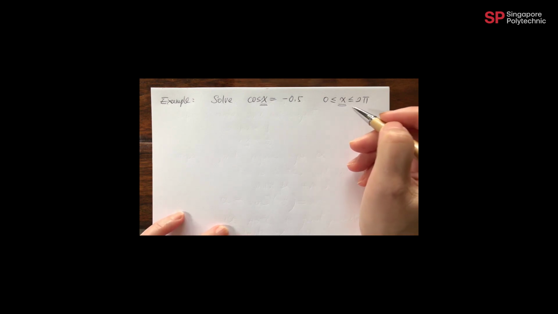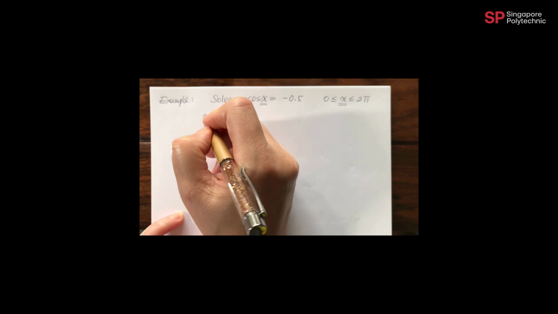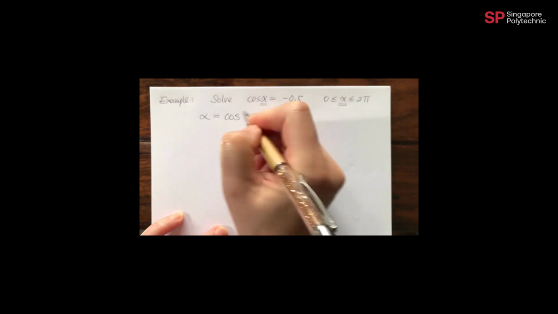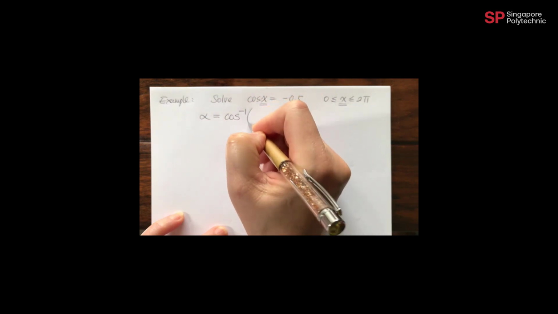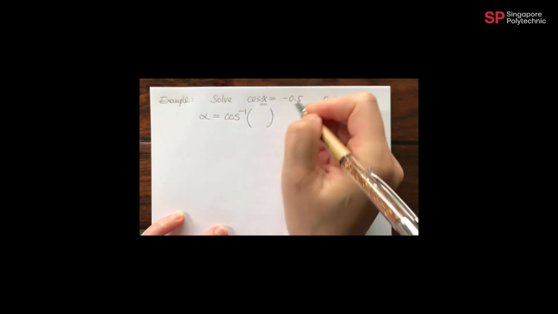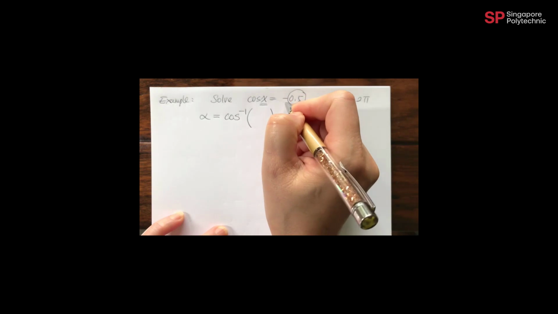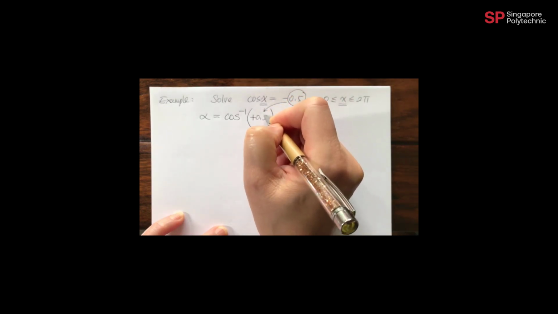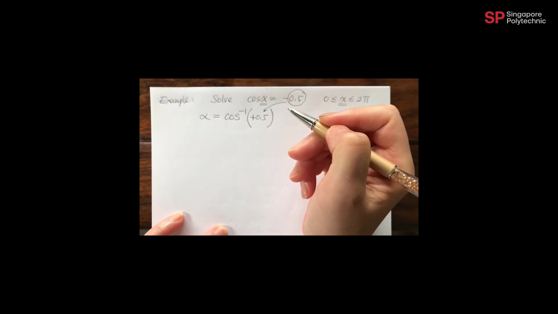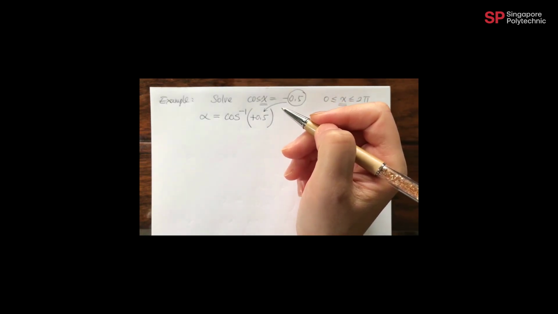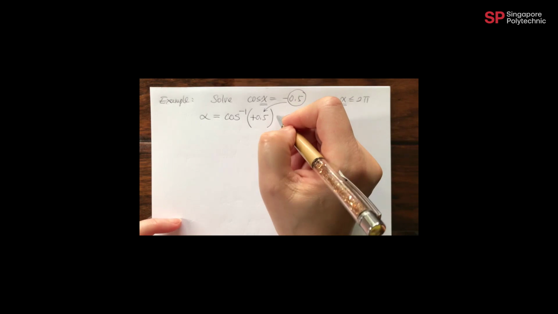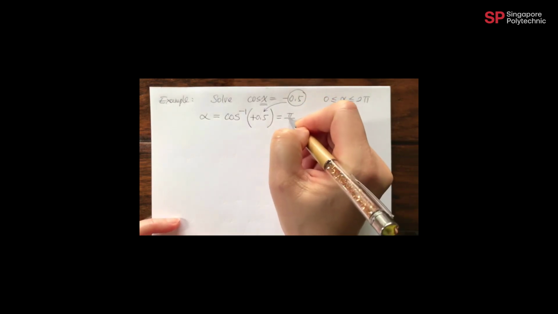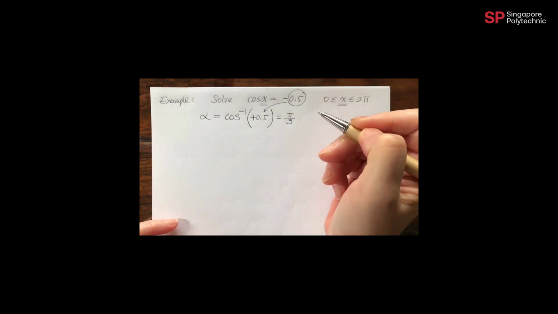Once we have all these done, let's find alpha. Alpha equals cosine inverse. Remember, we must substitute only the positive ratio, that is positive 0.5. From the calculator, we know that this answer equals pi over 3.